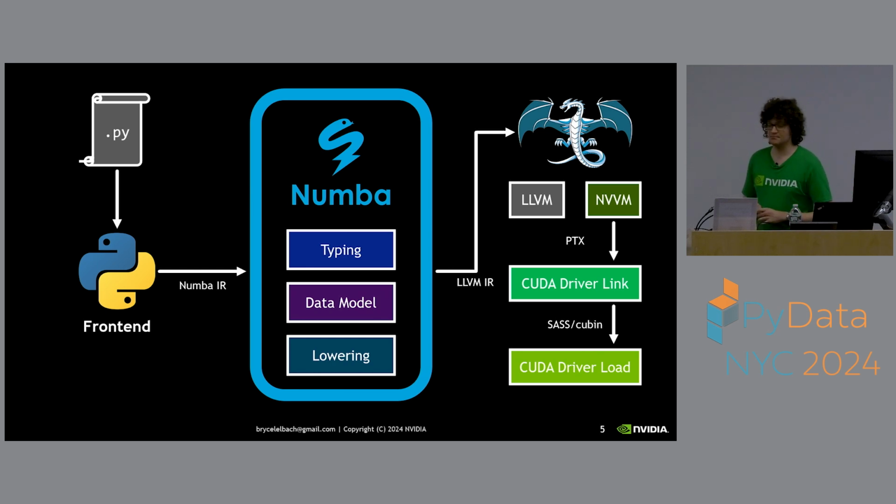It takes Python bytecode and lowers it to Numba-IR, and then it performs type inference and some other transformations upon it. And then it takes that Numba-IR and lowers it to a backend IR, such as LLVM-IR or NVVM-IR, which is NVIDIA's version of LLVM. And Numba supports NumPy arrays and frameworks that build on top of NumPy, like SciPy.